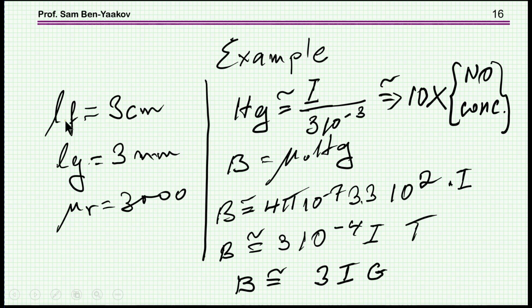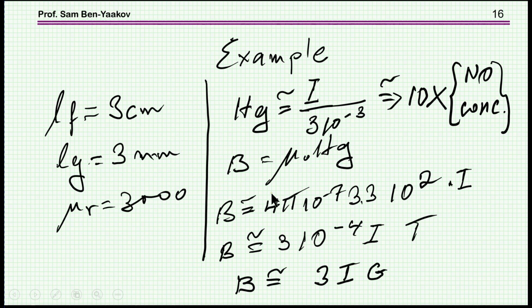Let's take an example. Suppose we have a length of the ferromagnetic material of 3 centimeters, a gap of 3 millimeters. That's pretty large, could be 2 millimeters, but let's assume 3 millimeters, so the ratio is 10. Let's assume mu r is 3000. Here we have the approximate solution, and it is 10 times what you would get without a concentrator. That's quite a bit.